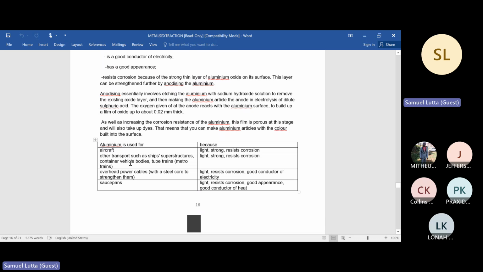It is also used to make superstructures in body vehicles and tubes, because it's strong and light at the same time, and resistant to corrosion. Sometimes it's also used to make power cables because it conducts electricity and does not undergo corrosion easily.